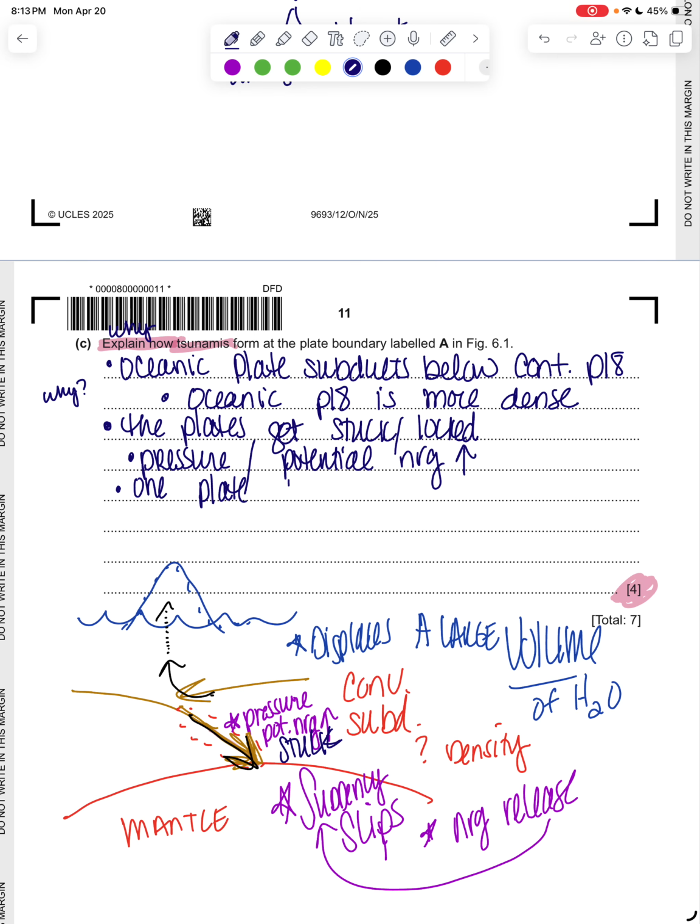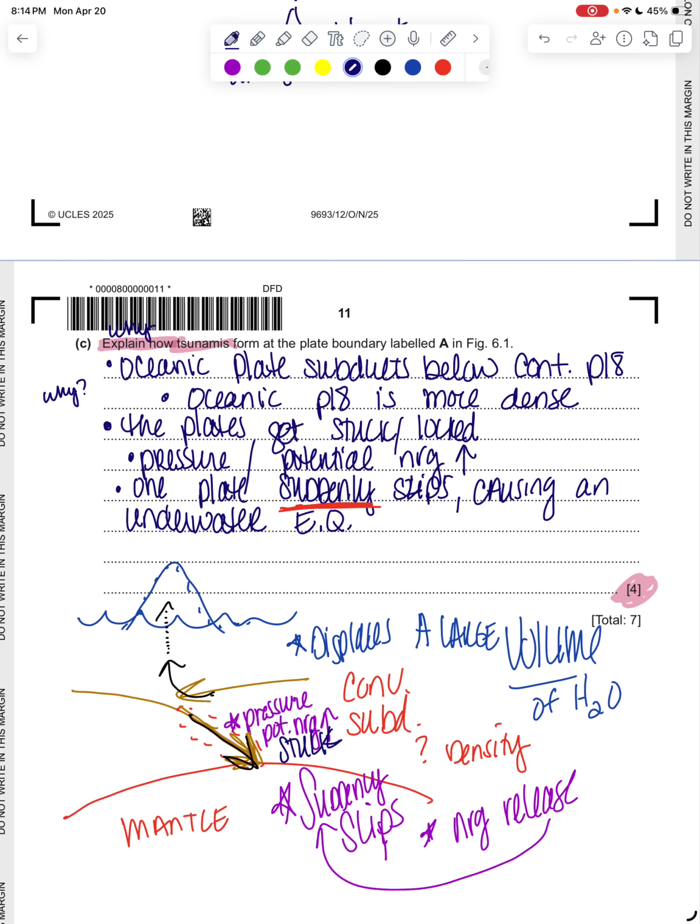One plate suddenly, this happens suddenly, slips. And we don't know which one. Which one gives up? If it's the oceanic, if it's the continental, definitely needs suddenly. One plate suddenly slips. Oh, another one. Causing an underwater EQ, which is an earthquake.